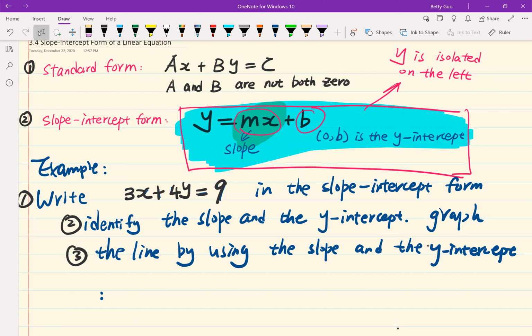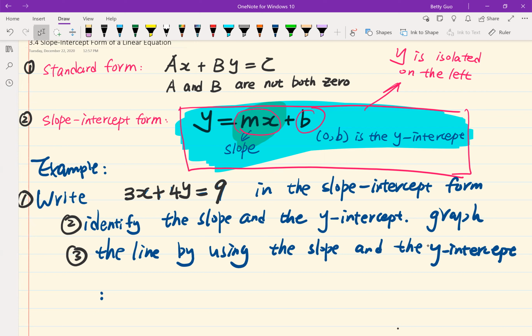Those two numbers have meanings. m here is the slope of the straight line. b here is the y-coordinate of the y-intercept of the line. That's the reason this form is called the slope-intercept form, because the equation contains the slope and y-intercept.